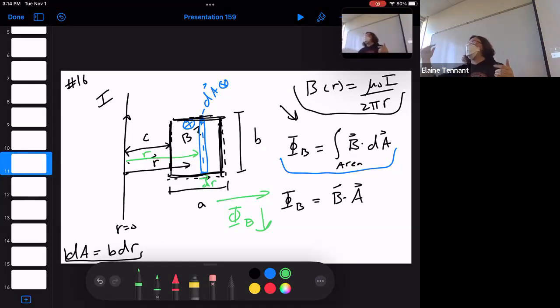It will want to make more magnetic field into the board. Does that make sense? So it will see less magnetic field, so it'll want to make a magnetic field like that. And so to do that, it will create a current going like that, that will stop the change that it saw. Does that make sense?